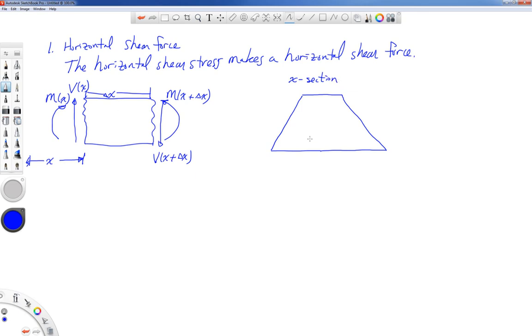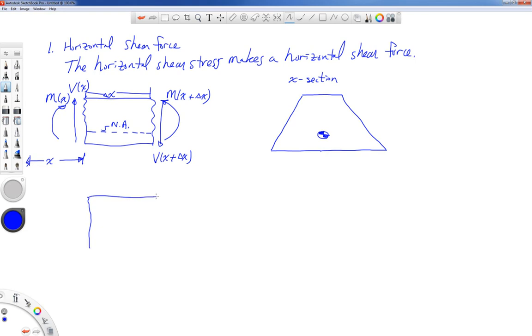Somewhere here there is a centroid, which is kind of shifted toward the bottom. I'll exaggerate that a little bit. And associated with that centroid is a neutral axis that we would see over on the side view of the beam. The bending stress distribution, we know what that would look like, so let's draw that picture here down below.